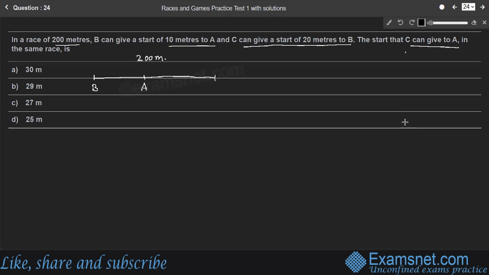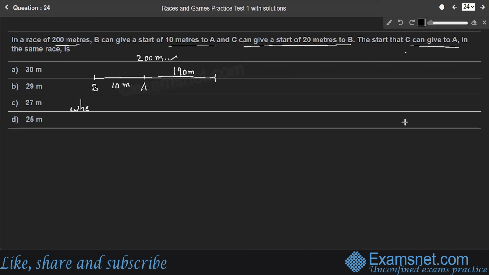B can give a start of 10 meters to A, right? Distance between B and A is 10 meters here, so that A has to cover only 190 meters of distance. Since the track is 200 meters in length, A has to cover only 190 meters, right?